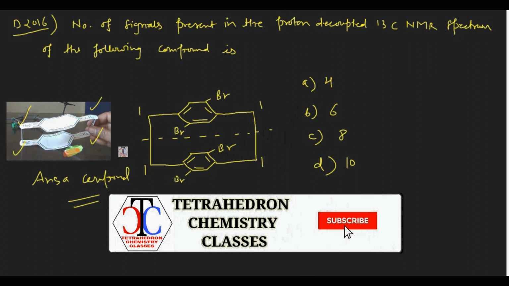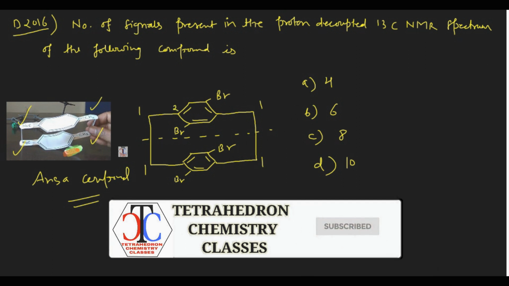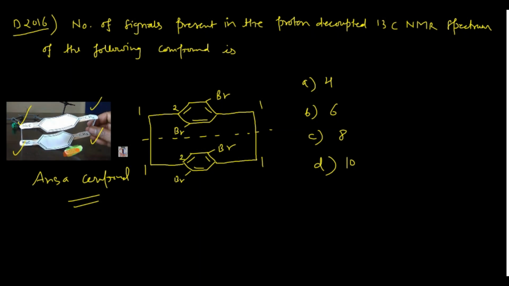And this is carbon number 2. This is also carbon number 2. They are of the same kind, right? So I can write 2 here and 2 here. Similarly, if this is 2, say this is 3, so of course this would be 3. There is no problem in that.